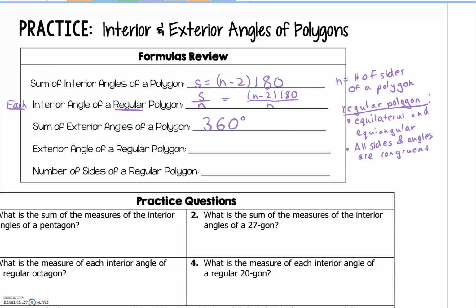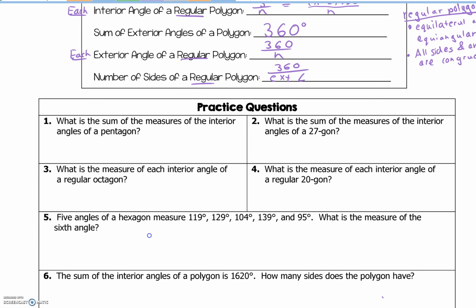So if I wanted to find each exterior angle of a regular polygon, I just take that 360 degrees and divide by the number of sides. Vice versa, if I want to find the number of sides of a regular polygon, I take that 360 degrees and, instead of dividing by n, I divide by each exterior angle measure. Notice that is exterior angle measure, not interior angle measure.